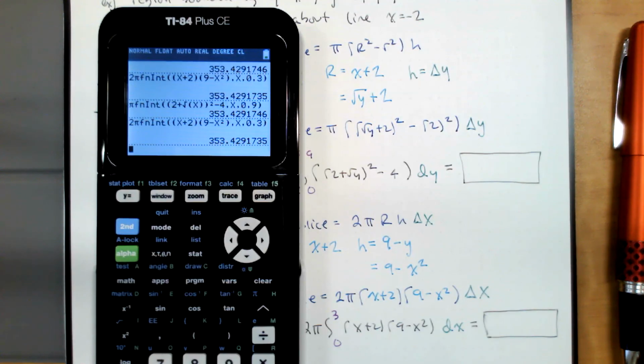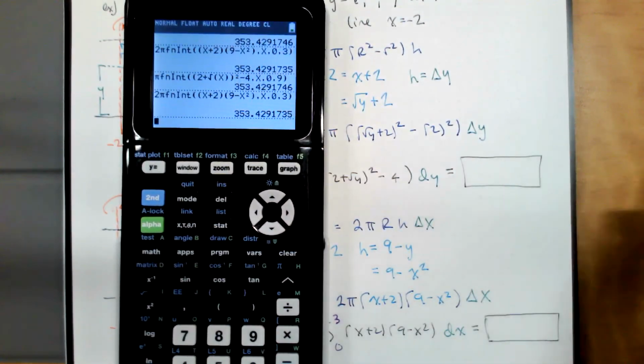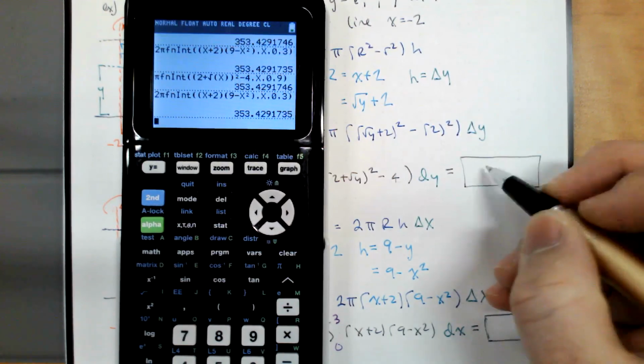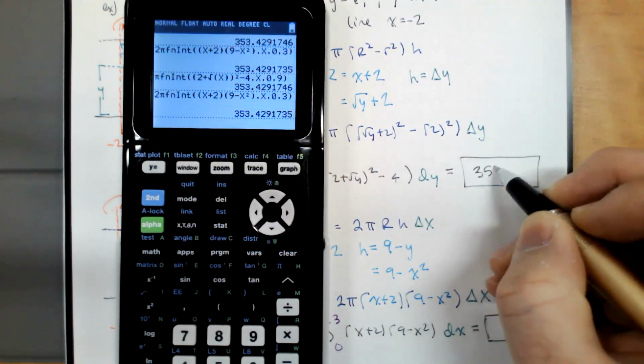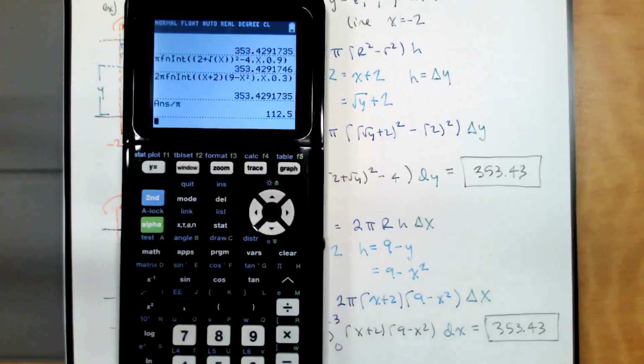So in this one, the calculator definitely is like, oh no, slicing parallel is better for this one. Probably the square root. So in both cases, we got 353.43. We suspect it to be a multiple of pi, so it's 112.5 pi.